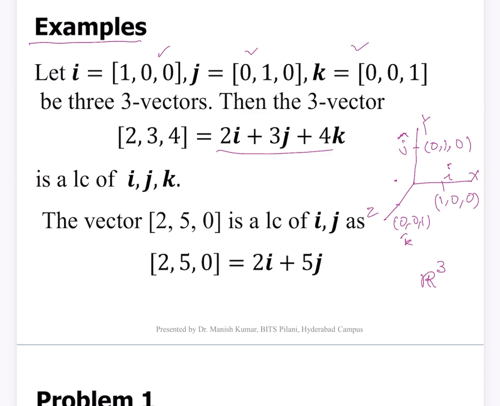So (2, 3, 4) can be written as a linear combination of these. As I mentioned, every vector can be written as a linear combination of these three i, j, k vectors. Here, (2, 5, 0) is a linear combination of i and j only, because the k component is 0, so (2, 5, 0) can be written as 2 times i plus 5 times j.